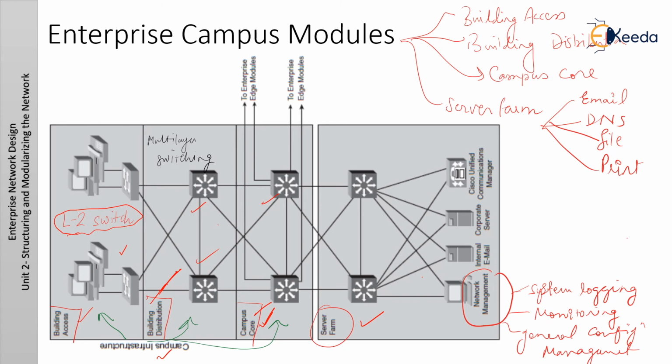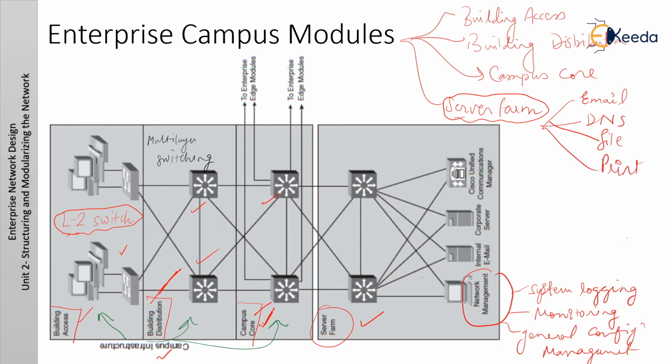Now come to the next module, that is the server farm. Here you can see why the server farm is used and what the responsibility of the server farm is. A high capacity centralized server farm module provides users with internal server resources.